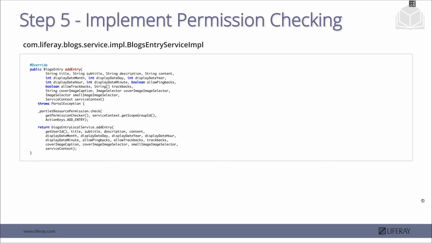So over in our implementation class, as we add a blog entry in this example, we are also going to do our permission check. We're going to be checking specifically for that action key, add entry. And assuming all goes well, once we do the permission check, we'll then make a call to actually add our entry.